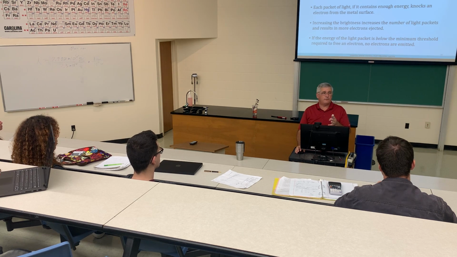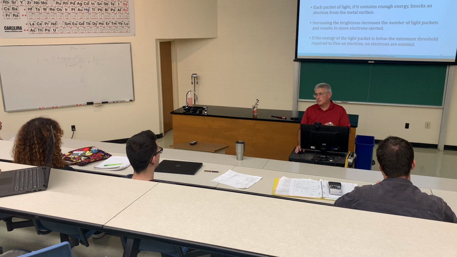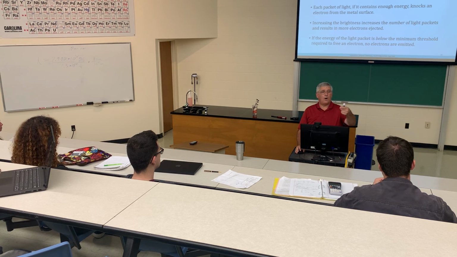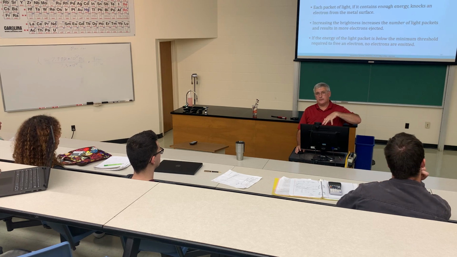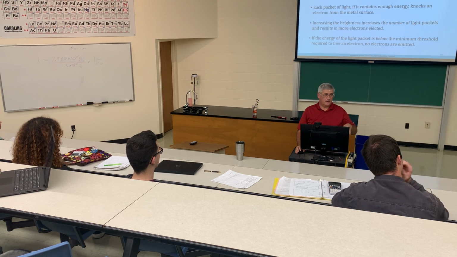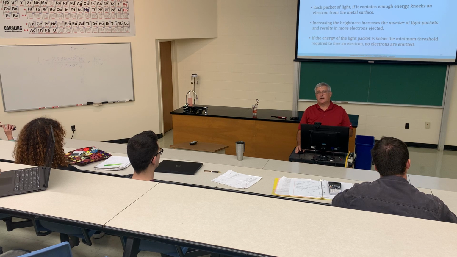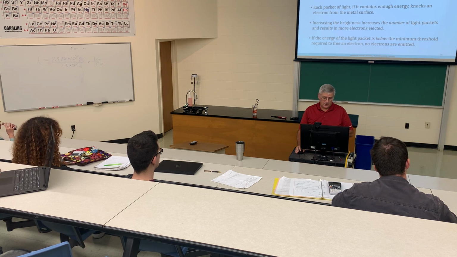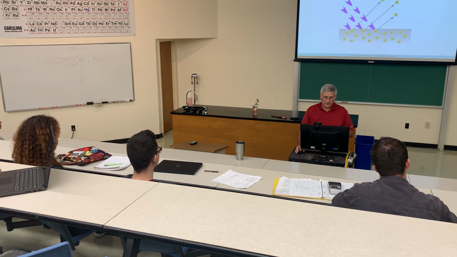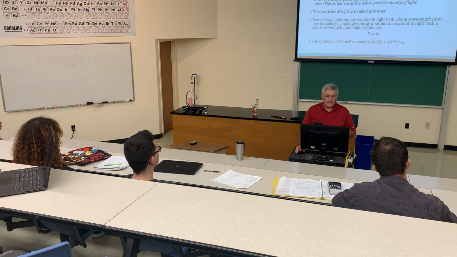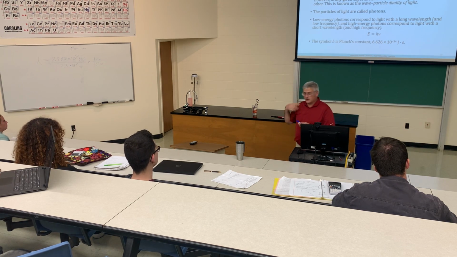If it's not at a high enough frequency, it won't move that electron off of the surface. Once you go over that frequency in terms of the amount of energy, then it will remove those, okay? And different materials have different thresholds. Anyway, so this is the dual nature of light.